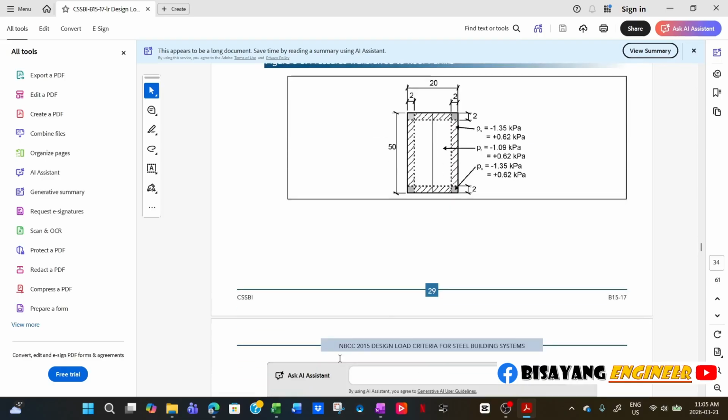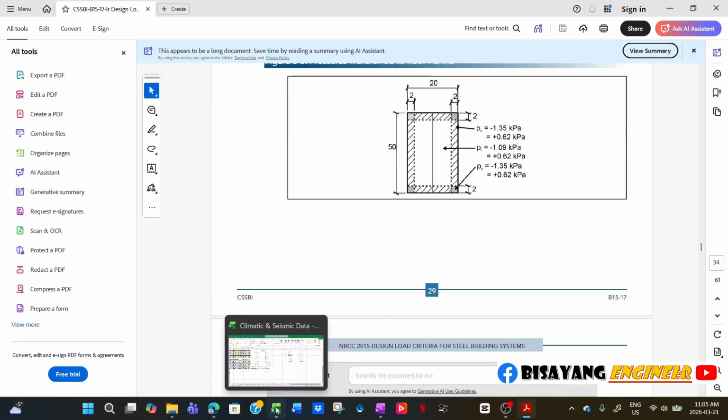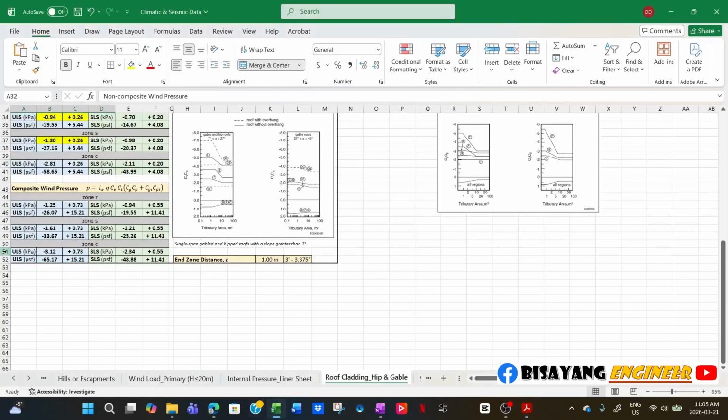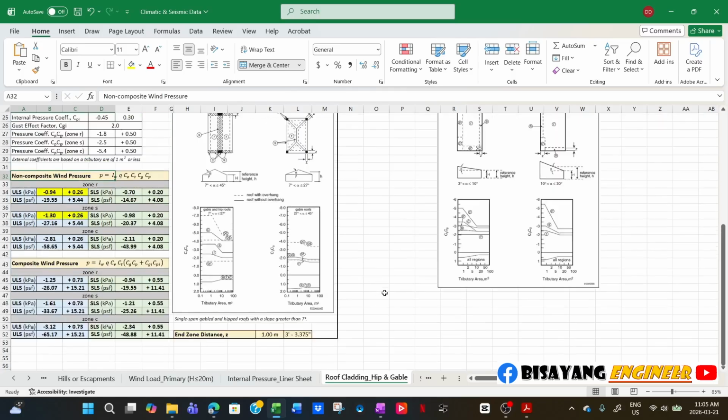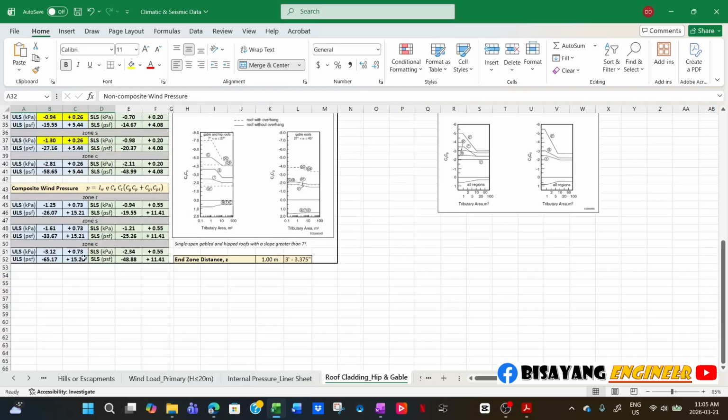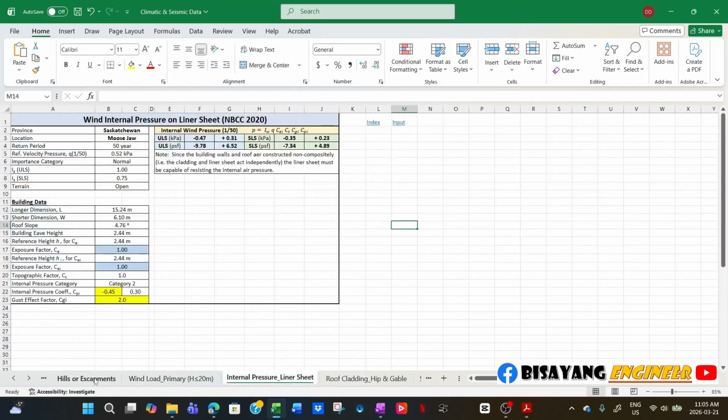That's why it's easier if you do it in a spreadsheet, because all you have to do is just supply the input, the location, and the building size, that's it. So on this one, Portlands. Where's my Portlands?